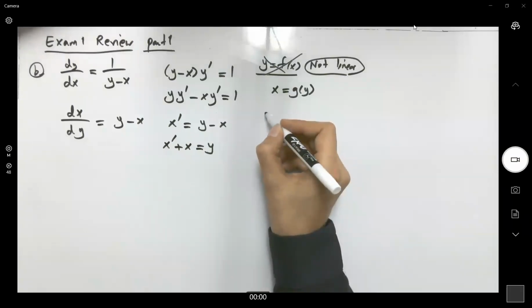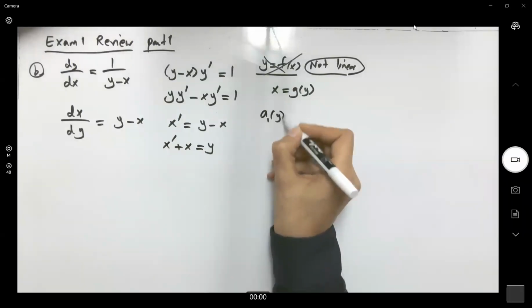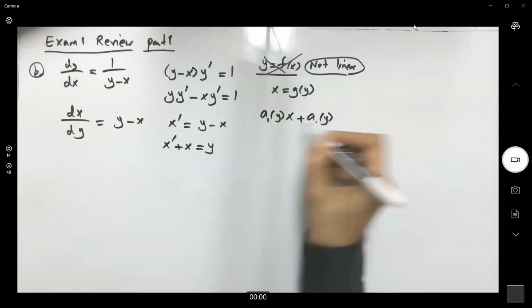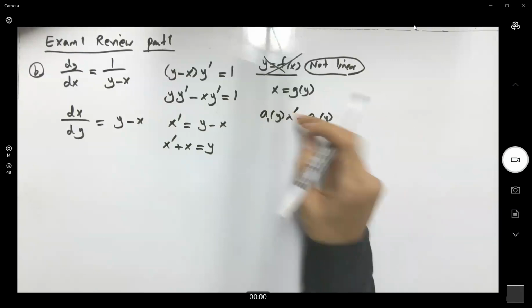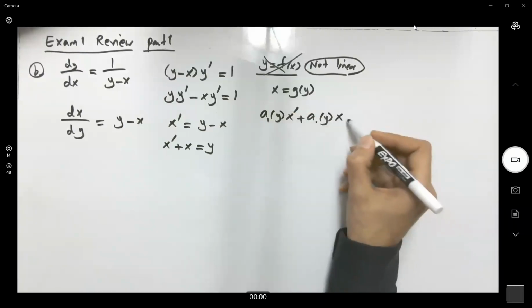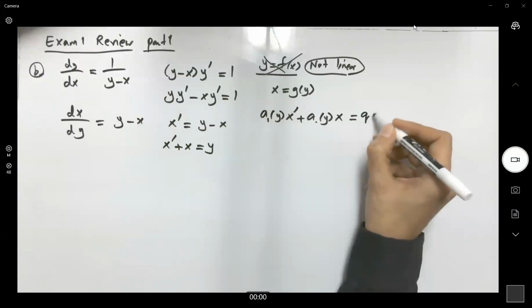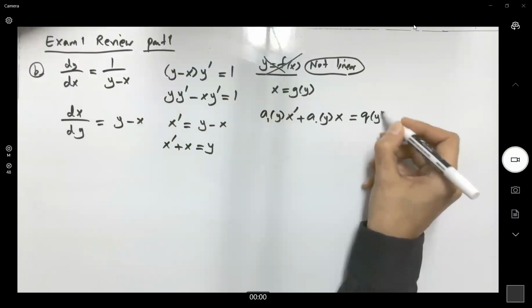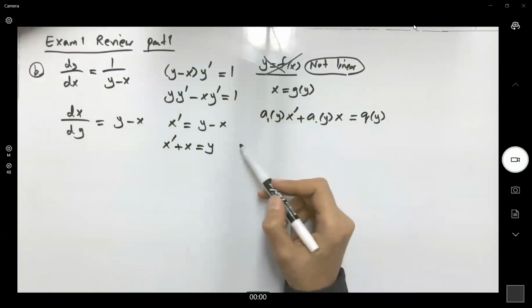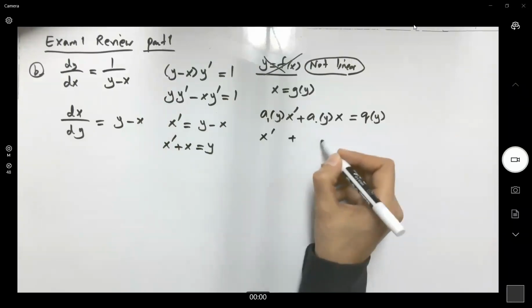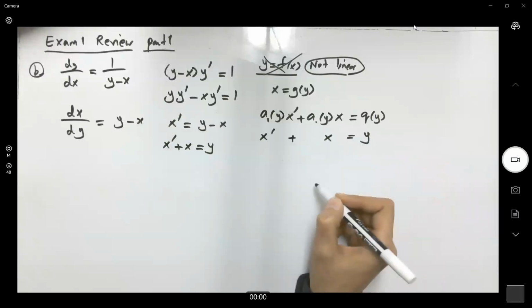Why is that? Because here now you have a1(y) times x prime plus a0(y) times x equals, for example, a function in y like q of y. So as you can see here, you have a linear differential equation.